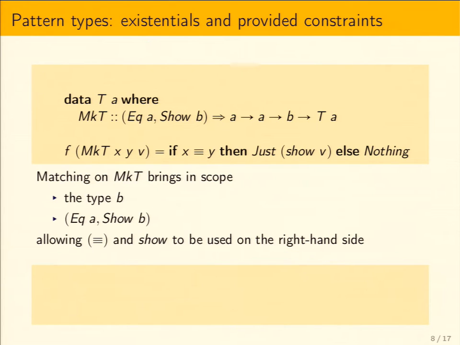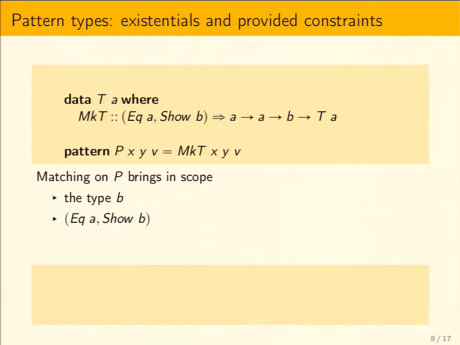When we do that, we bring into scope both a rigid type variable B and the two instances Eq A and Show B. In this example, on the right-hand side, we use equality between two A's, and we use show on the B. But the type of F is still just for all A, T A to Maybe String, because by matching on this constructor, it provides us these type class constraints.